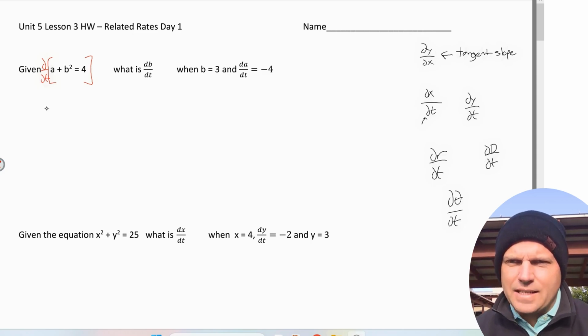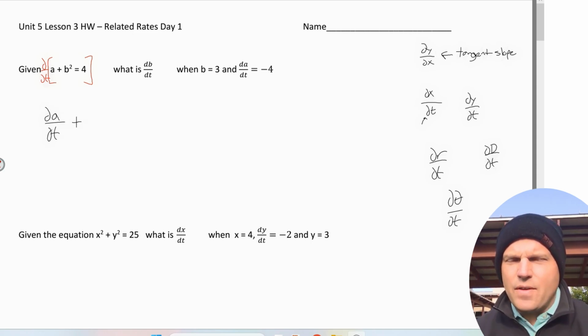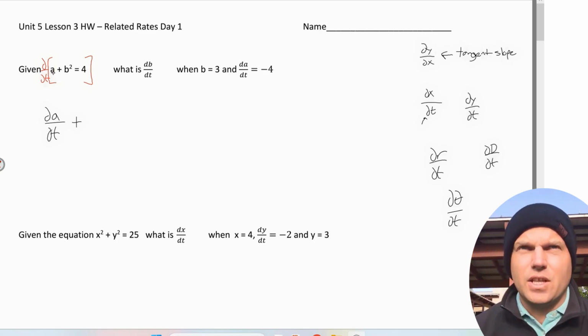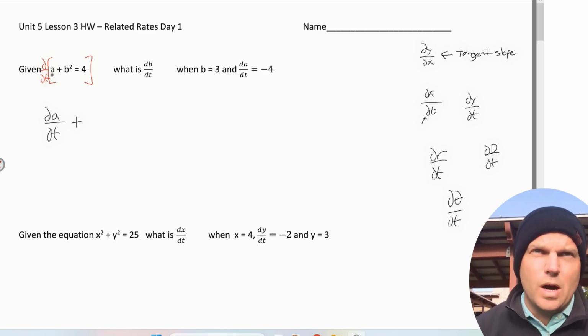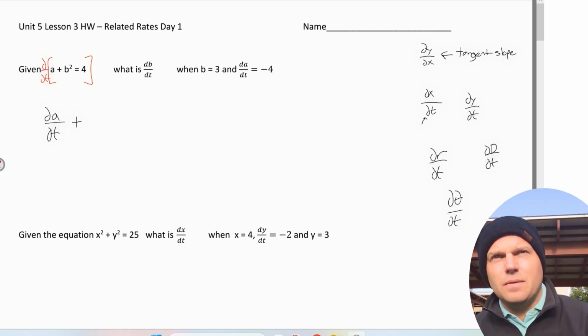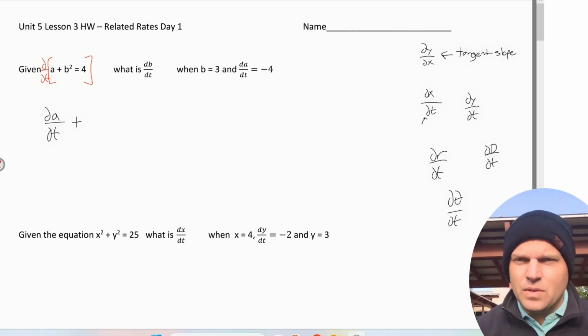Now, we talked about in class how it doesn't matter what you have as long as it's not t's, you will have a d blank dt after your derivative. So if you're taking the derivative of A, you're thinking of it like the derivative of x, which is 1. So you're going to say, okay, the derivative of A is 1, but then times dA dt, just like having the dy dx after derivatives of y's.